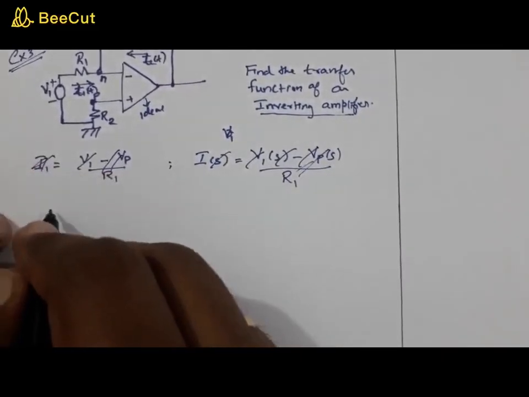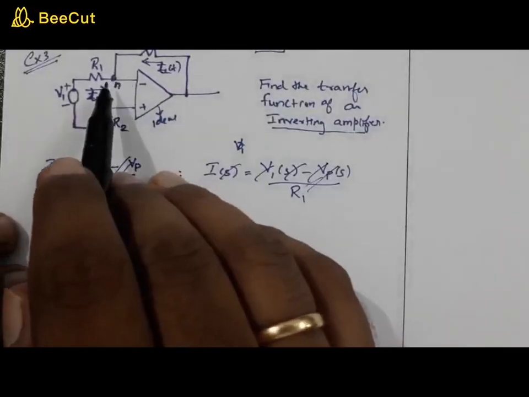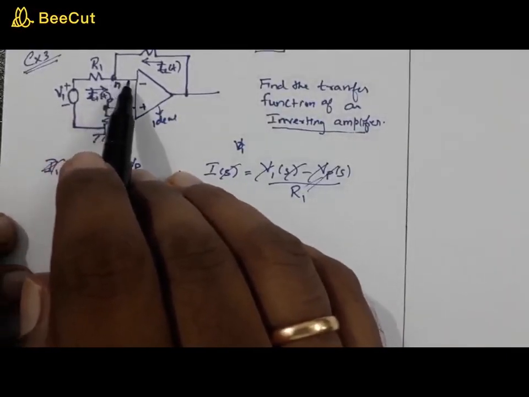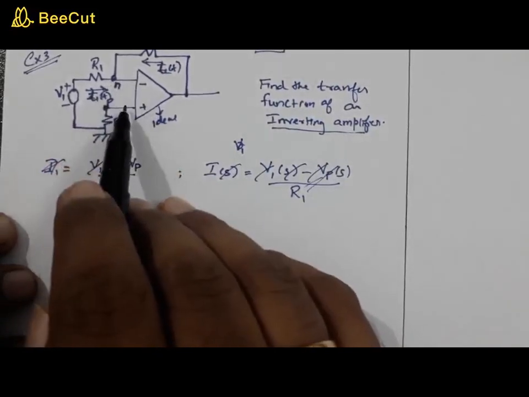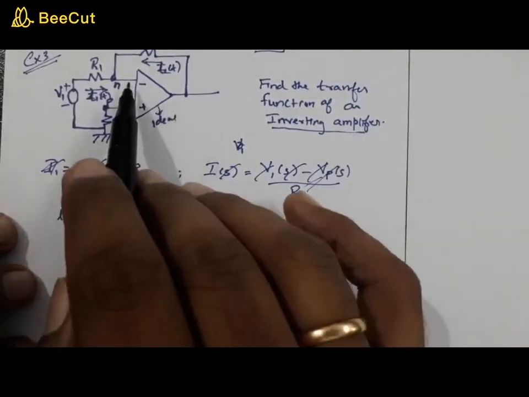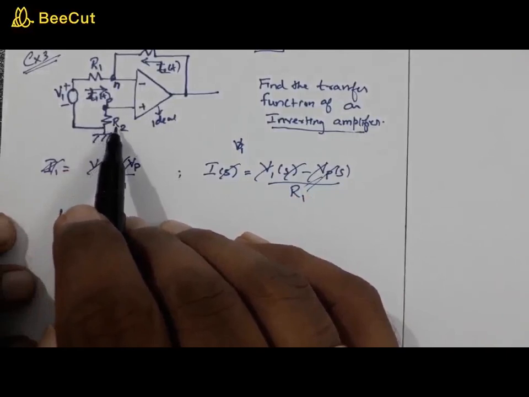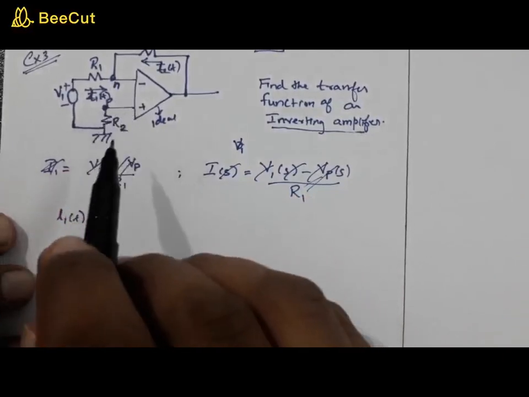Now what is I1 of t? When current comes to this junction, it won't go through the op amp because of its high impedance. We are assuming an ideal op amp, hence no current flows through it. So the current flowing through R2 is 0, which means Vp is also equal to 0.